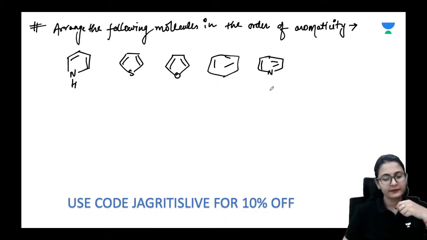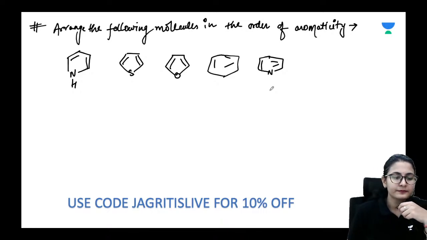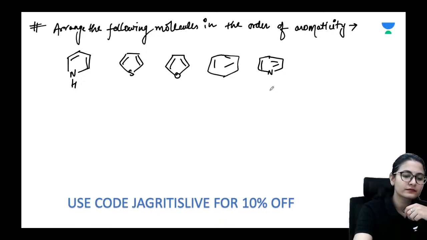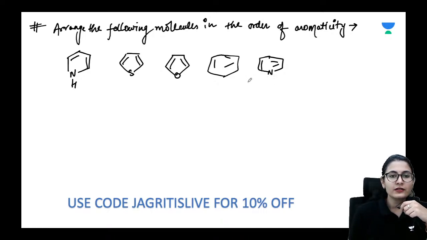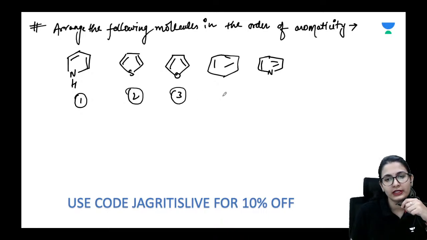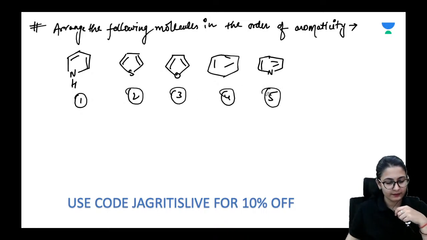But anyways, good morning, guys. So for these, arrange the following molecules in the order of aromaticity. If I have numbered 1, 2, 3, 4, and 5, what will you say about it?